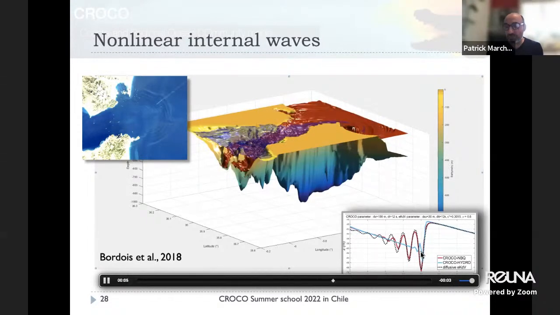In blue, you see the hydrostatic solution, which is really not performing well for the generation of the soliton. So this is typically a non-hydrostatic dynamics. Small internal waves can be hydrostatic, but large internal waves have a non-hydrostatic component that is quite strong, and it generates solitons.